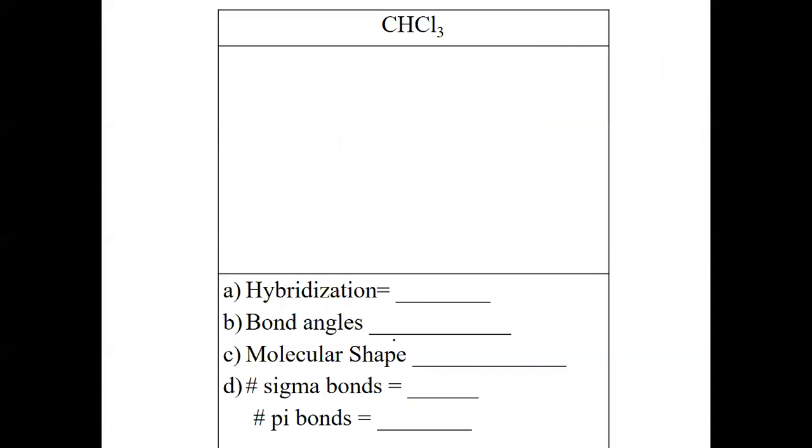And then with CHCl3, carbon goes in the center, with 1 hydrogen and 3 chlorine surrounding it. So carbon has 4, hydrogen has 1, then you have 3 chlorine times 7 valence electrons.